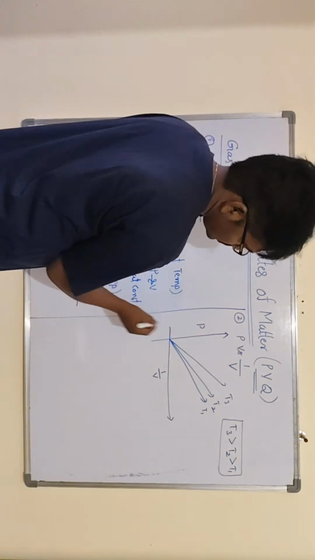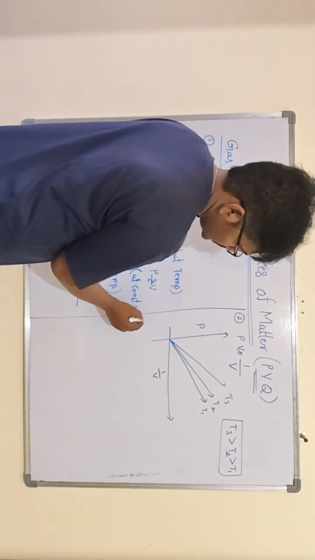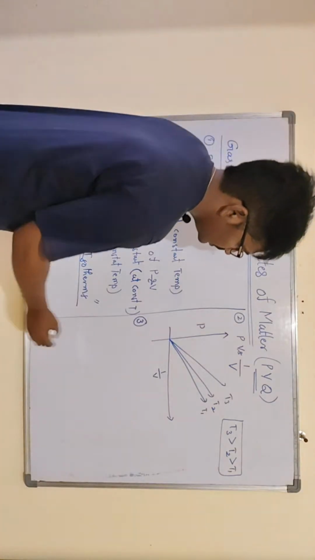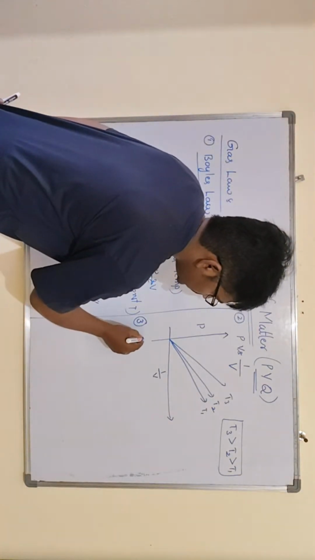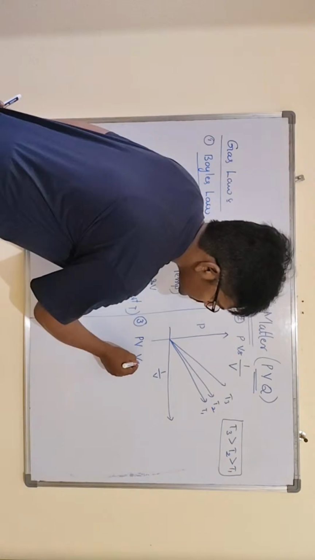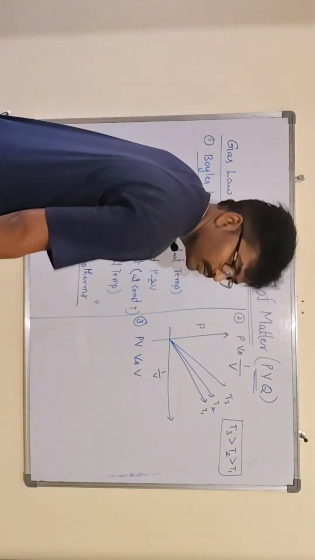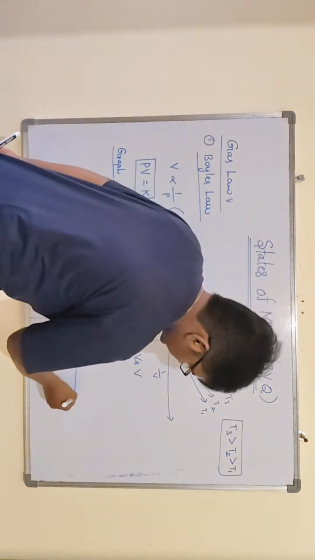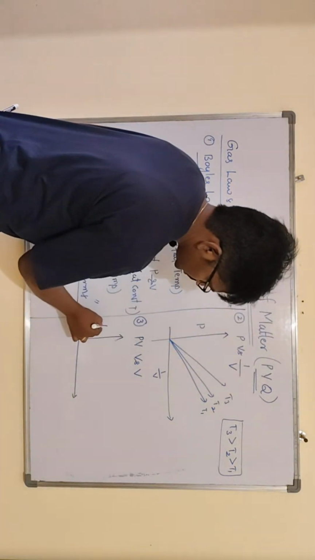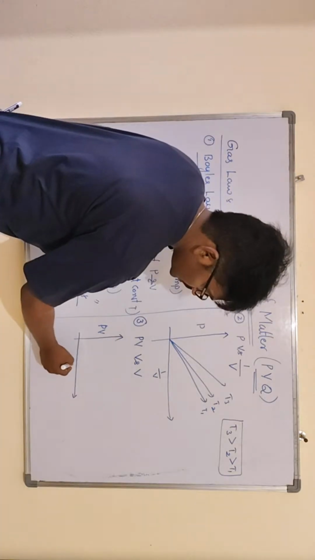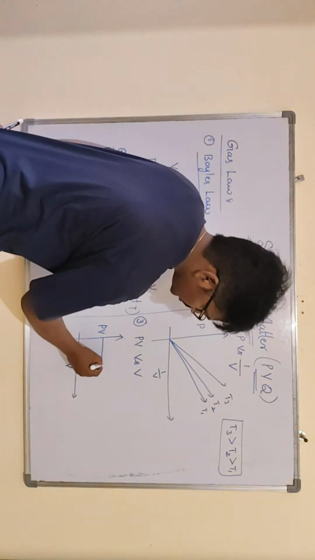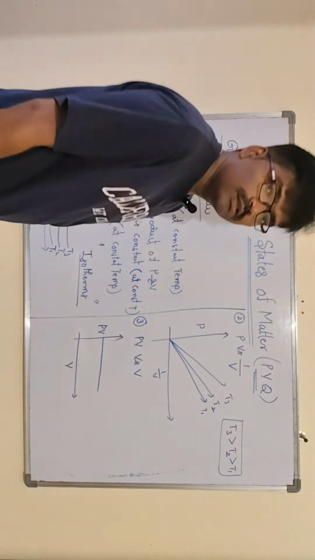Then one more, that is graph 3, based on pressure and volume: PV versus V. PV is constant, as I told. Even as volume increases, PV remains constant, so we get a line like this.